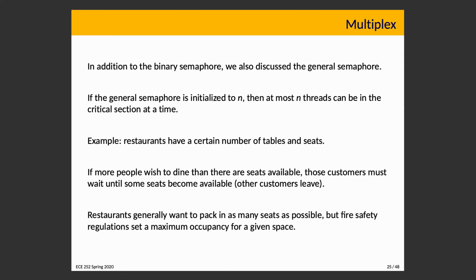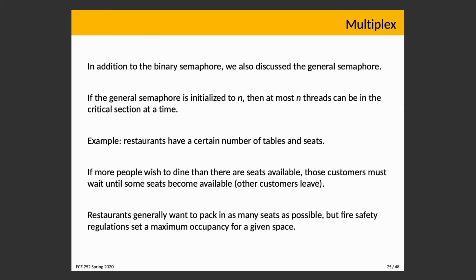When restaurants are open and you can sit in them, they have a certain number of tables and seats, and if more people want to eat at that restaurant than there are seats available, then those customers have to wait until some seats become available, which is basically when other customers leave. And restaurants generally want to pack in as many seats as possible. They would love to have more customers, but fire safety regulations set a maximum occupancy for a given space, and therefore they have to limit how many people can be in the space at a time.